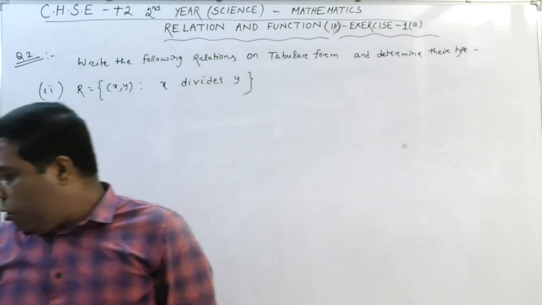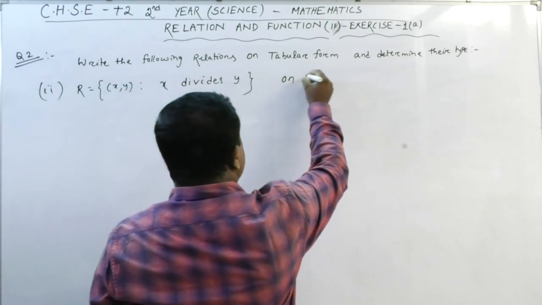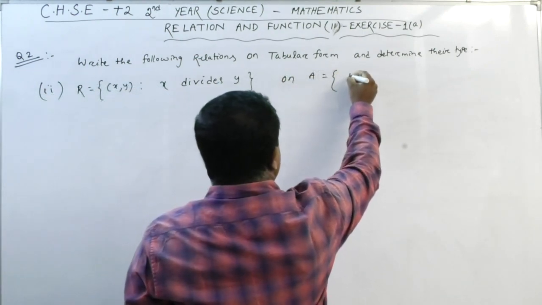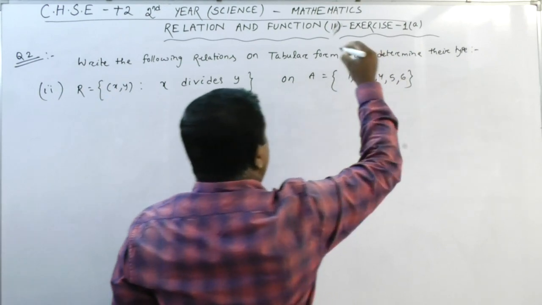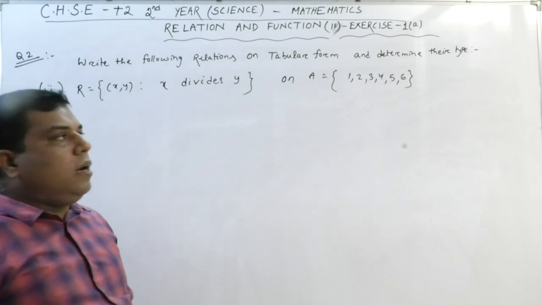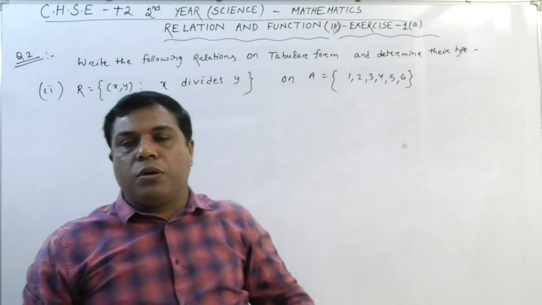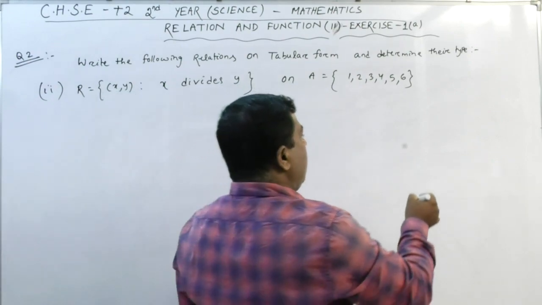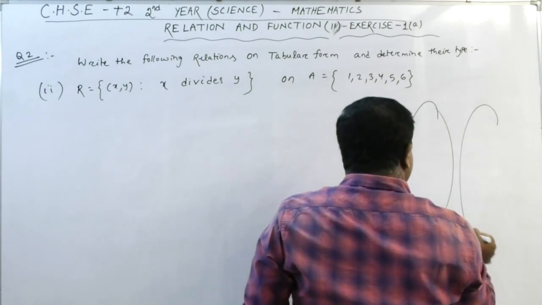On the set A equal to 1, 2, 3, 4, 5, 6. So now we have to see that the relation is defined on A, meaning it is from the product set A cross A, and as it has a few elements, again I am going through the pictorial mode.